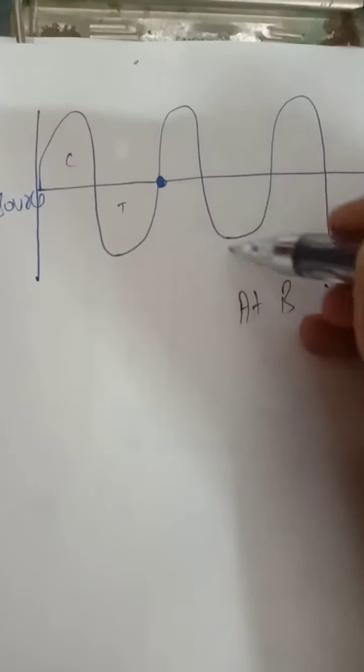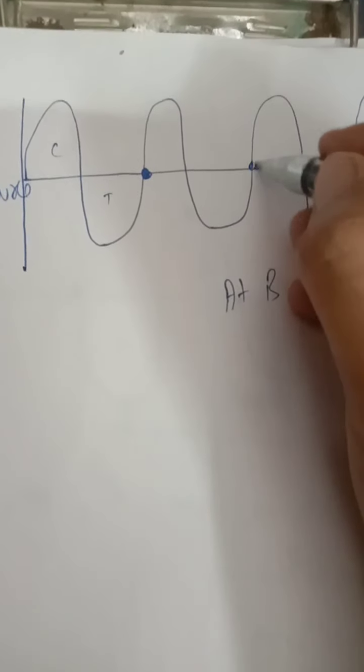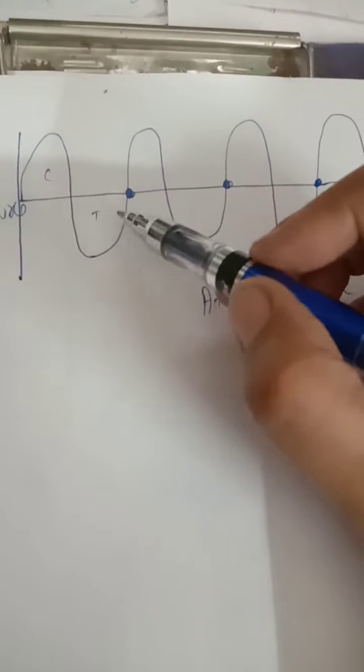Now we have to count its number of cycles. See here, one crest, one trough: here it completes one cycle, then again crest and trough, another cycle, crest, trough, one more cycle, and a half cycle. So how many cycles does it have? 1, 2, 3, and 3 and a half.